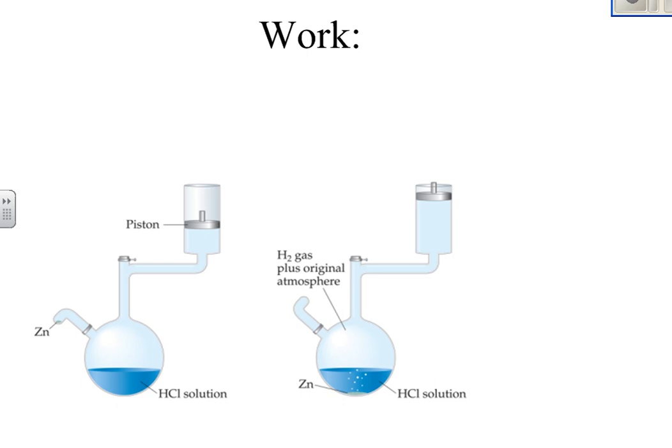In this reaction, hydrogen gas is produced, which would cause the piston over on the right here to rise up. So in essence, we're pushing the surroundings out. We're exerting a force on the surroundings over a particular distance. So we're doing work on the surroundings, which means the system is losing energy due to that.